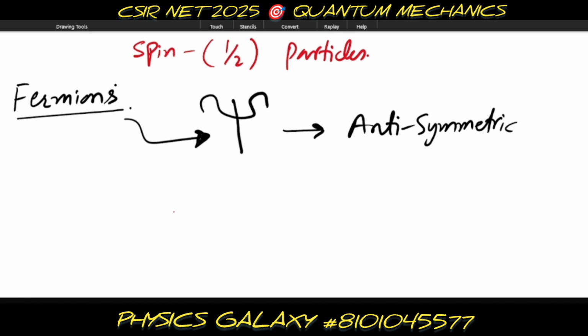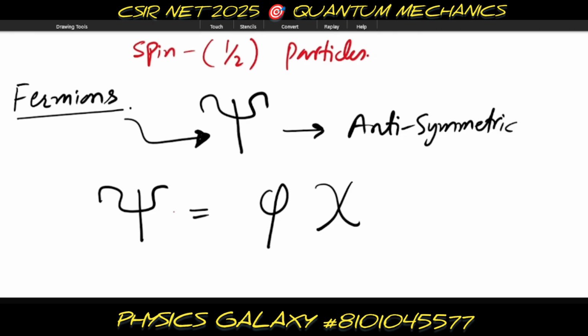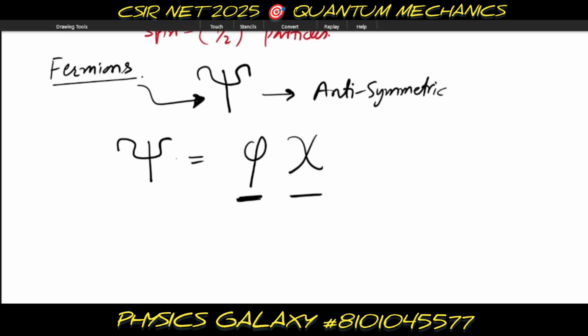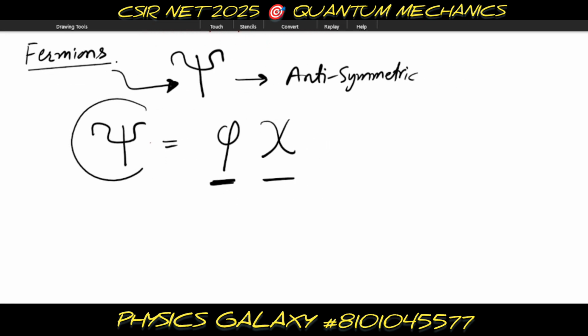That we know. But because these are spin particles, the psi will be a combination of the spatial wave function and the spinor component. So it will have both the phi and the spinor part. So we can rewrite the total wave function as, now the spinor will have two parts.